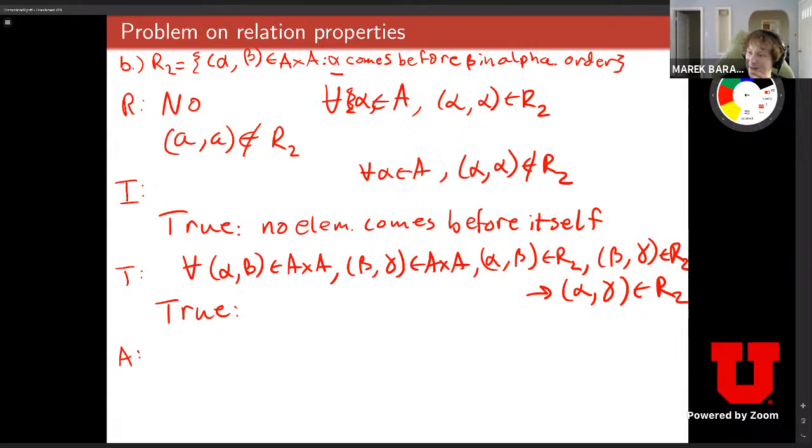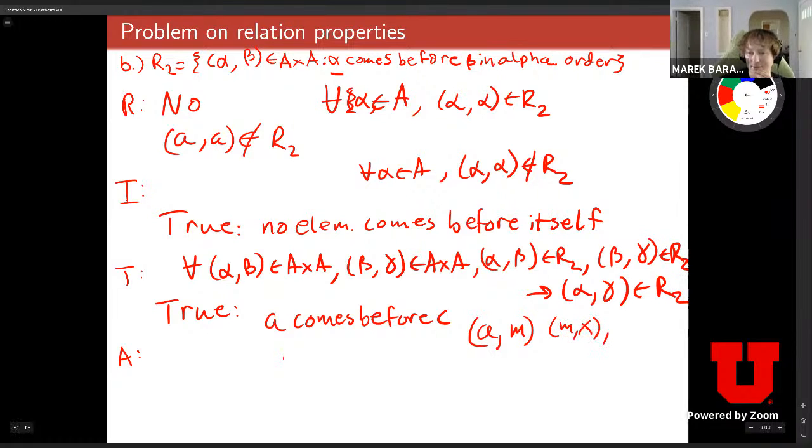If anyone wants to venture. Yeah, so we can show A comes before C. And in fact, A comes before X, so we have A, M, and M, X, and then we have A, X in the relation.